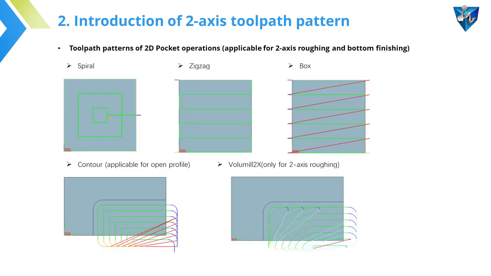Then in the second chapter, I will introduce the 2-pass patterns of GW3D 2x CAM. The first category is 2D pocket operations: spiral, zigzag, box, contour, and Vermeil 2x. Most of them are applicable for 2x roughing and bottom finishing, and Vermeil 2x is only for 2x roughing.